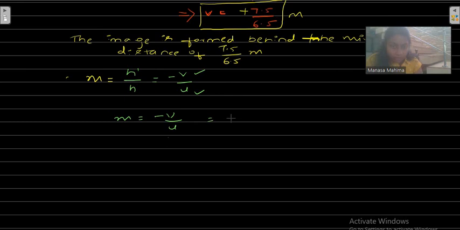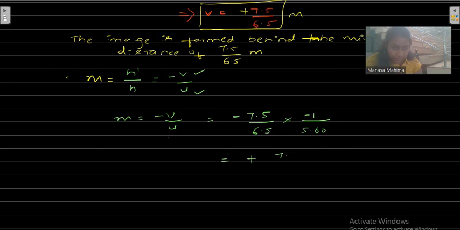See, what is the value of v? It is 7.5 by 6.5. Since you are having u in the denominator, I will divide by the u value, that is minus 5 meter. Correct? So, since it is minus into minus, you will get plus.